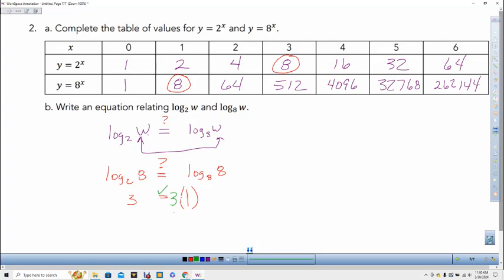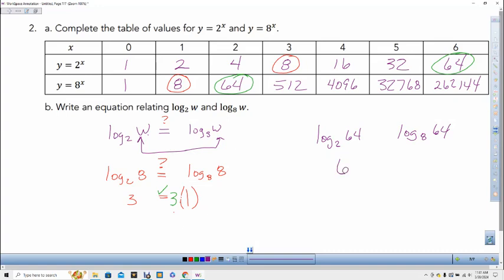Now, let's check another set where we have the same number that we're taking the log of and see if it works. So let's do the 64. If we do log base 2 of 64 and log base 8 of 64, over here we're going to get 6.